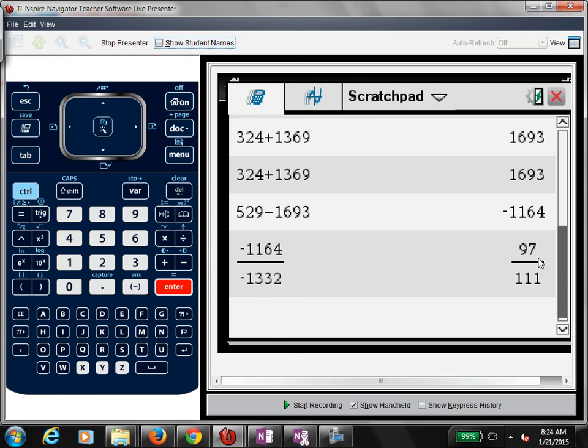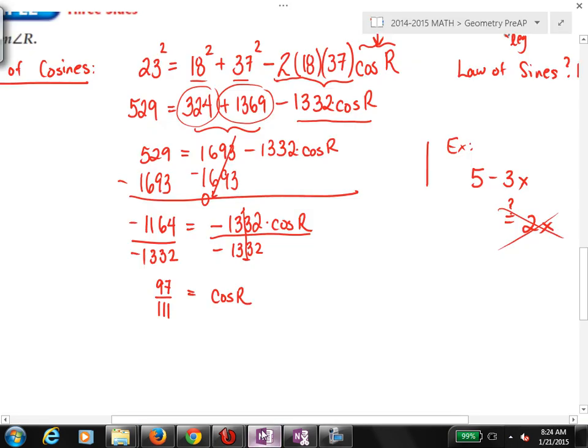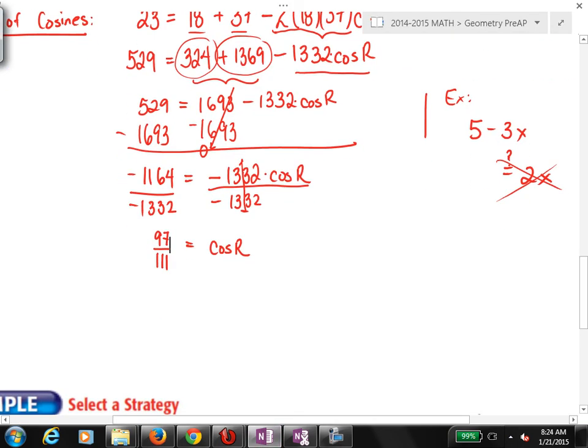I'm just going to leave it as a fraction. I would suggest you leave things in fractions, even though they may be really large numbers, but that's fine. If you use decimals, you're going to start getting rounding errors. All right, so do you guys remember this kind of problem? I'm going to reflect this so that it's cosine of r is equal to 97 over 111.